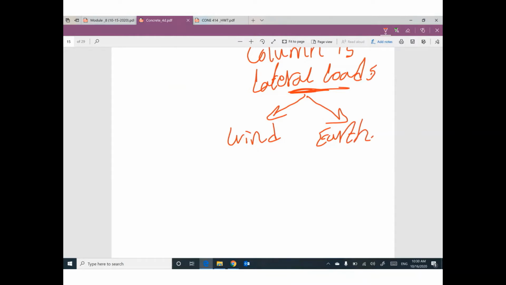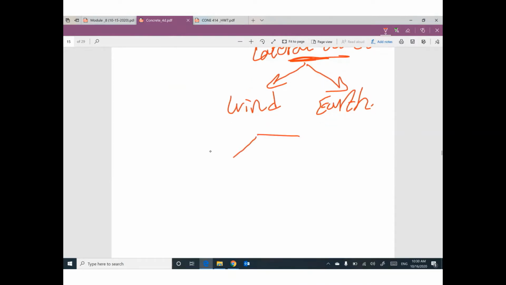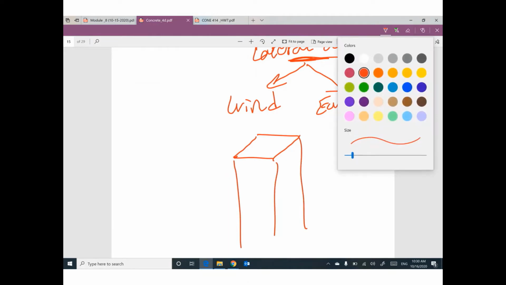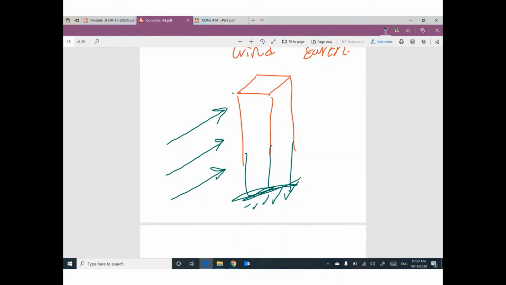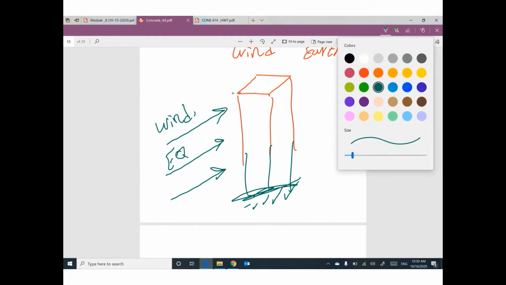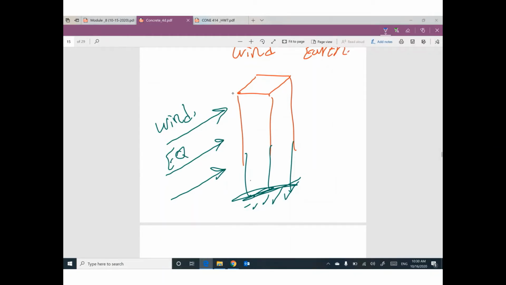So if you have a column like this, fixed here, and your lateral load is coming from this direction due to wind, earthquake, or whatever, I believe this side will be under tension and the other side will be under compression.